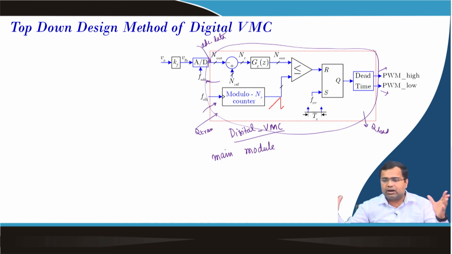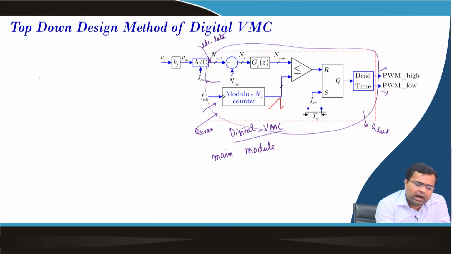The external world is dealing with all digital numbers, either gate signal or ADC data or clock, but it is only dealing with 0 and 1. It can be scalar data or vector data. So, we need to design this main module, and we need to subdivide it into multiple parts. So, the top down, our digital voltage mode control, which will interface with the external world, is my main module.